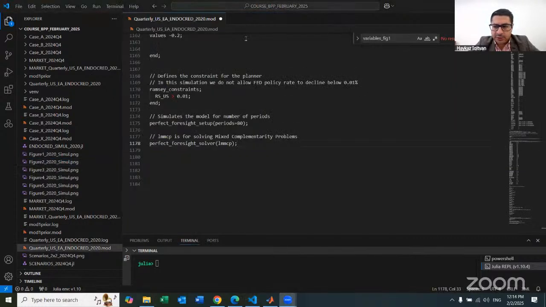If you have some questions at this point, we can discuss and then proceed to the next part, when we are going to use the same analytical framework to construct case A, B, market reference scenario, and case X for both US and Euro areas.